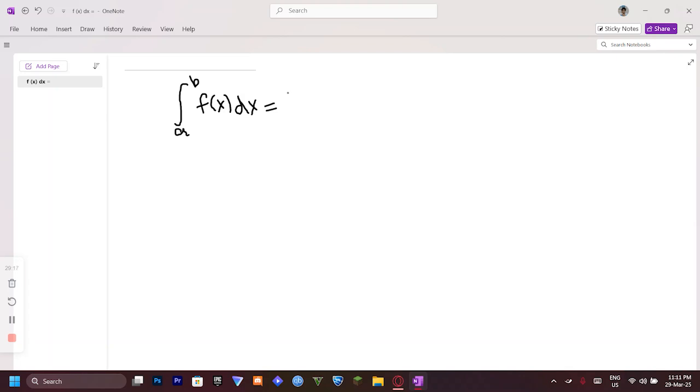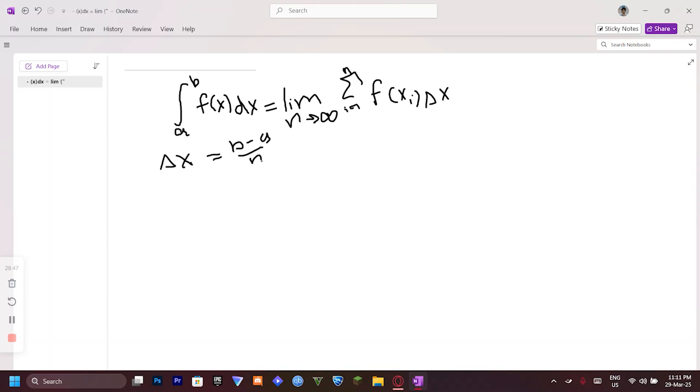Okay, so the integral from a to b of f of x dx is defined as the limit as n goes to infinity of the sum from i equals 1 up to n of f of xi times delta x, where delta x equals (b minus a) over n, and xi equals a plus i delta x.